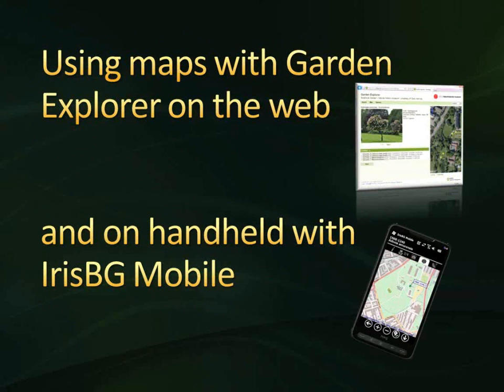So just to make a clear point here, what we've talked about up until now is how maps fit in with our desktop product, IrisBG, and then we have other modules which I talked about in the introduction, which is the Garden Explorer, which is a web solution to publish your plant collection online. And then we also have IrisMobile, which is a solution to run on a mobile handheld device to update your plant collection out in the garden.